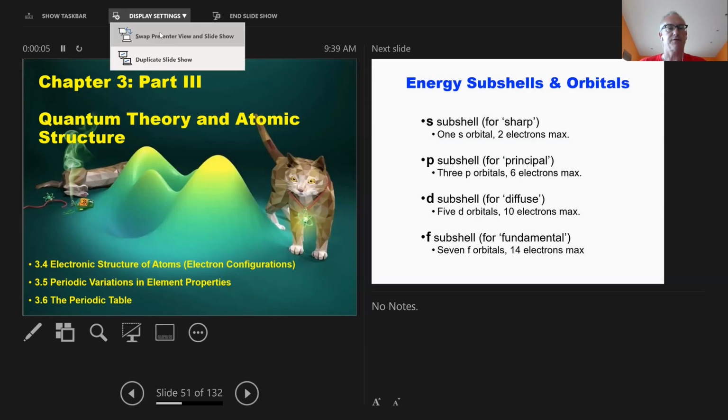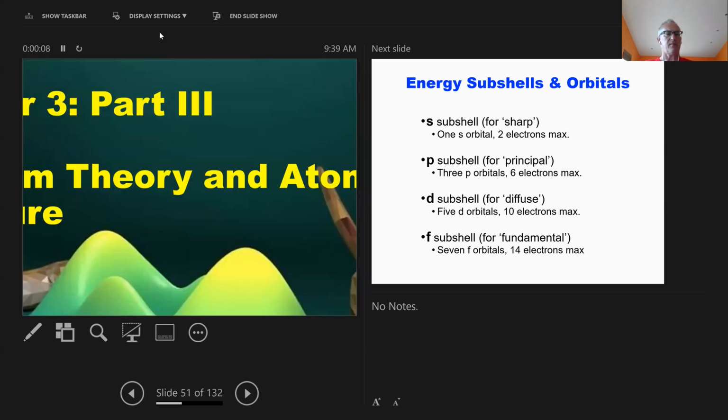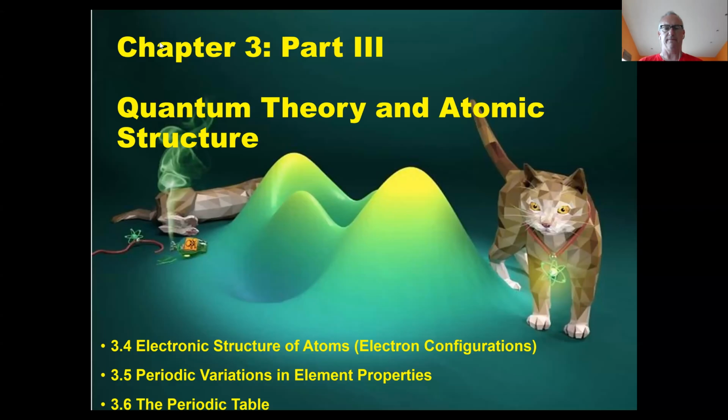Let's get back to Schrodinger's kitty. Like I said, what I really want to get to is the electronic structure of atoms, because that is the key to the whole thing. Bohr showed how hydrogen could work, but nothing else could, and then Schrodinger came along and showed how every other atom could work.